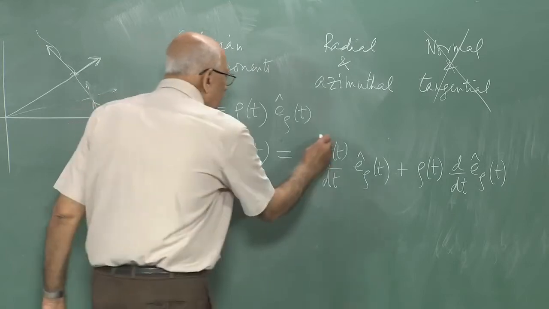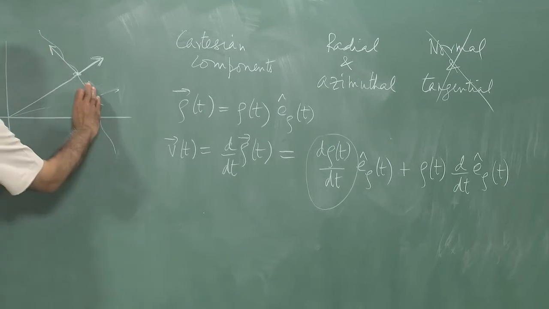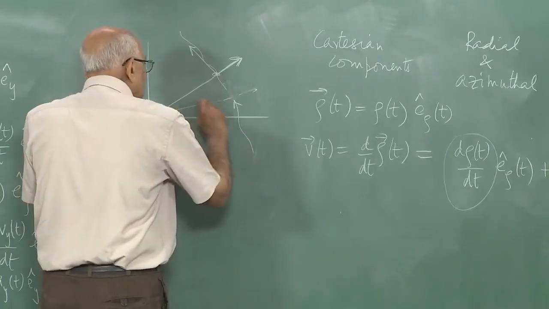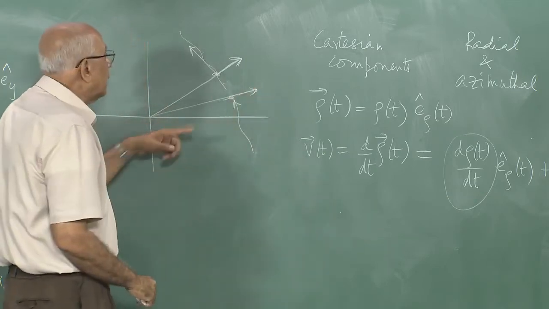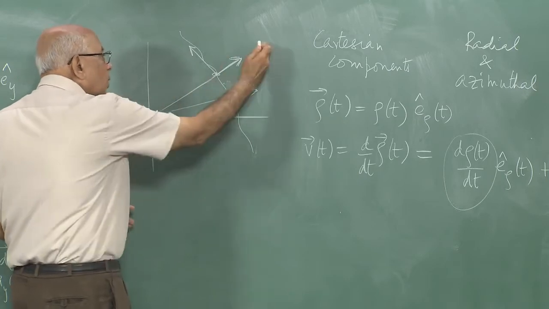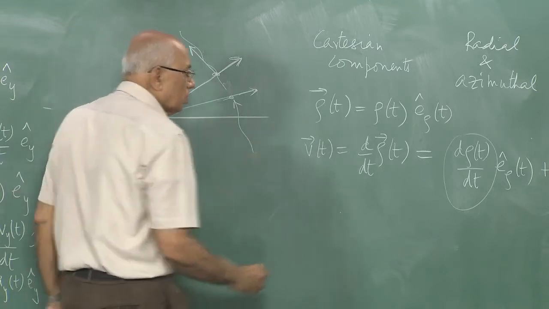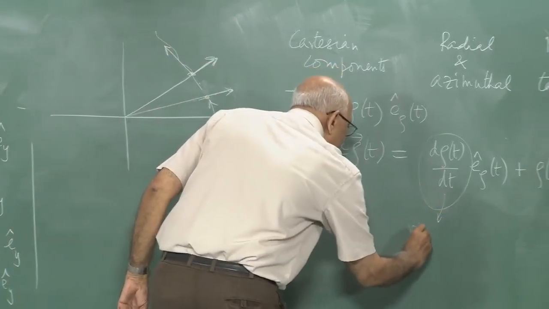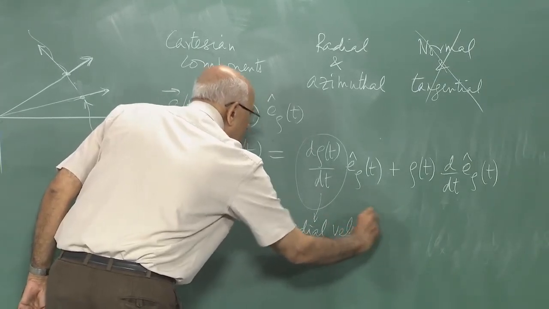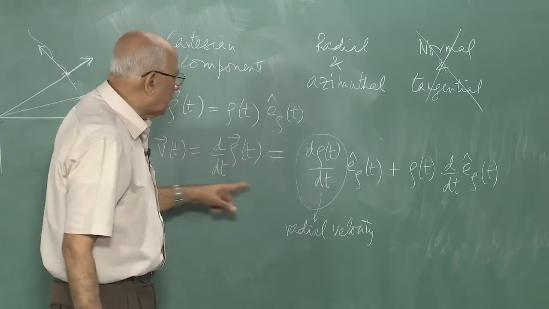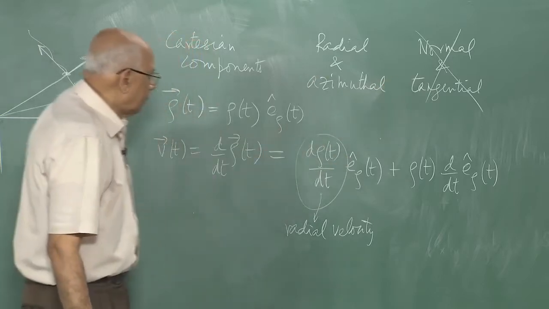Now what is the physical meaning of this d rho over dt? It says if the distance from the origin was this much at time t, and that is the radius vector, a little later it could have come either closer or further away from the origin or remain exactly where it is, and that is the radial velocity. So this thing here is the radial velocity, because it is the component of the velocity in the direction of the radius vector from the point.